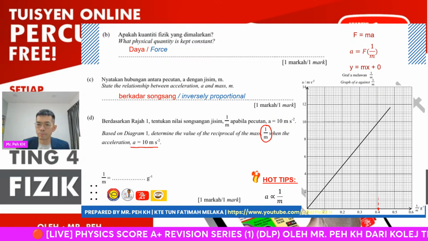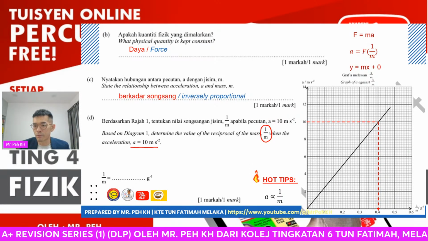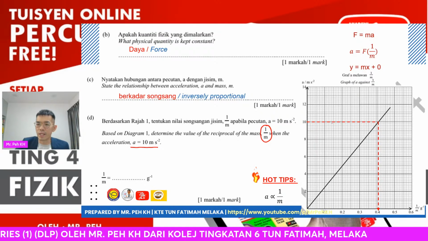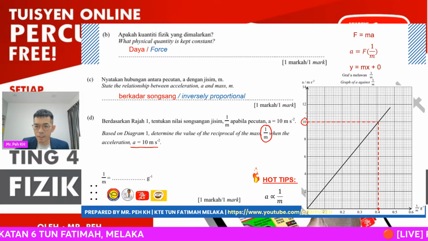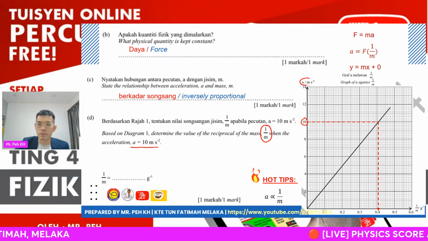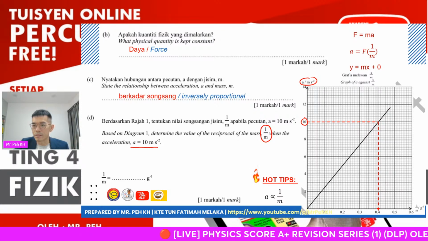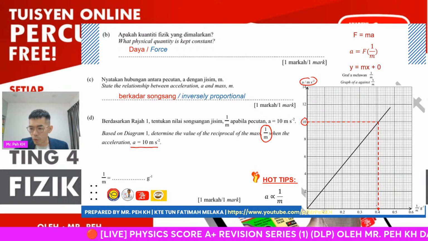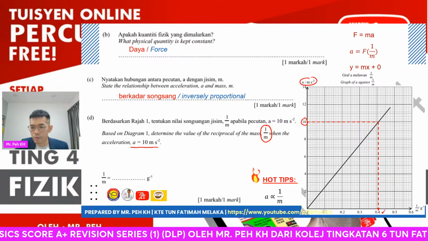Okay, so here you can show your answer in the graph with the dashed red line, just like what I show you in the diagram here. So you can see here, 10 meter per second square. Extend the line, touch the gradient, then you will get your 1 over m equivalent to 0.41.